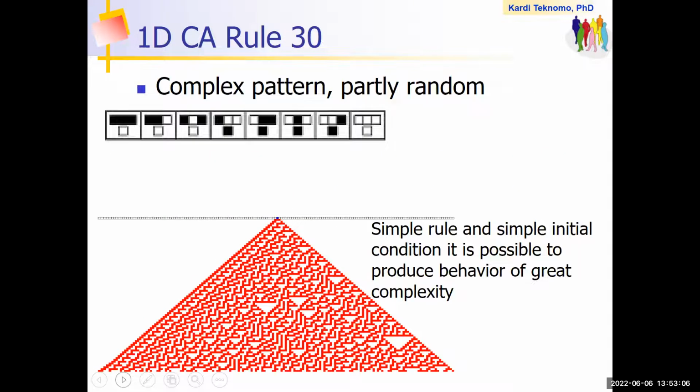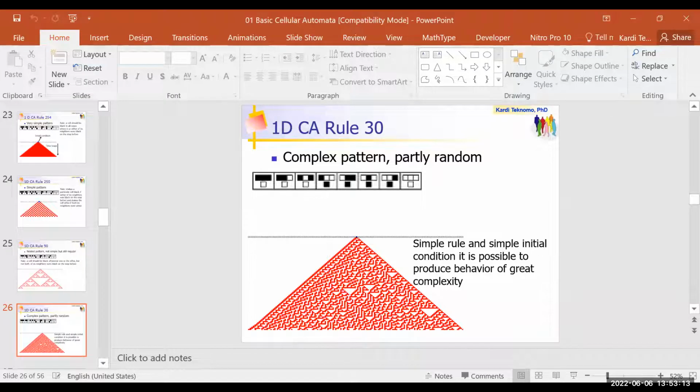Next, here is what is called complex pattern. So let's check rule 30. Wow. If you look at rule 30, now you can start to see on the left here a kind of simple pattern, right?